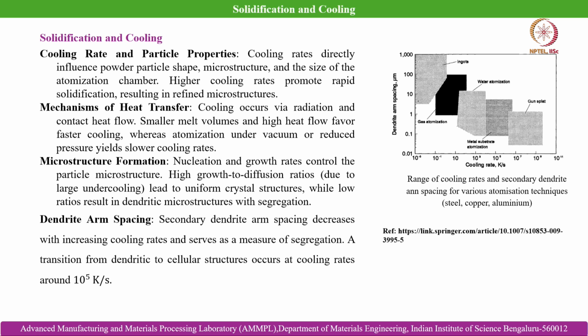Okay. So for microstructure formation, the nucleation and growth rates control the particle microstructure. High growth to diffusion ratios due to large undercooling, so it is talking about high G by R ratios, lead to uniform crystal structures, while low ratios result in dendritic structures with segregation.